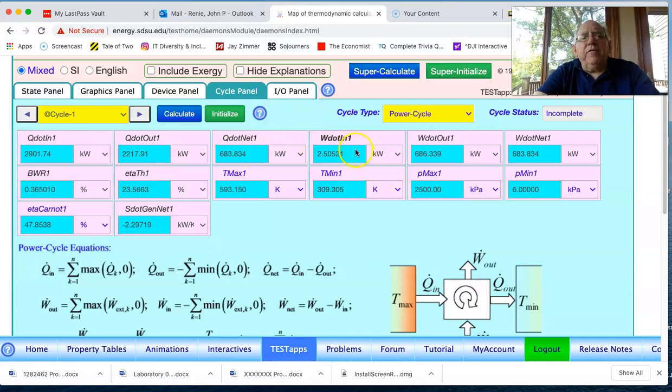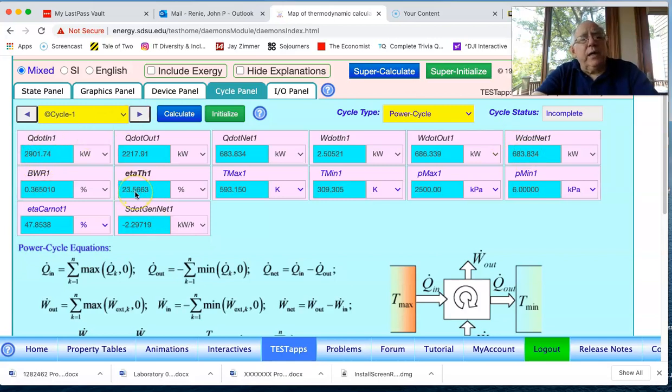And then we have the work of the two turbines together, and then the small amount of work due to the pump. And so one has to be careful with this thermal efficiency because, as defined, it's this net work divided by this heat transfer in.